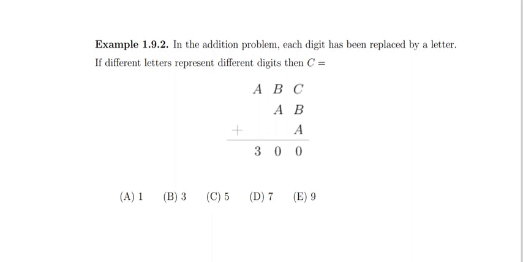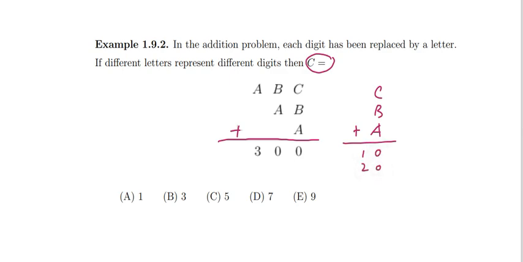So here we want to find this digit C. C equals which number? Here, if the result is 300, then we add this plus this. This number should be 10 or 20, right?